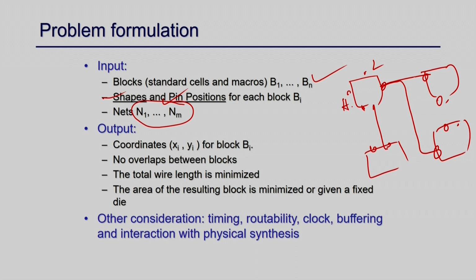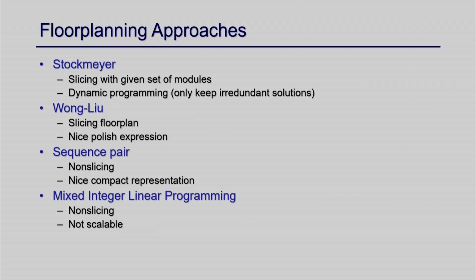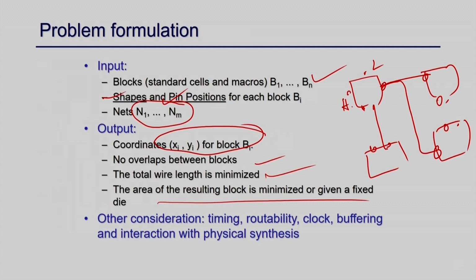Now you try to find the exact position, the coordinate, of each block so that no block overlaps, total wire length is minimized, and the area of the resulting block is also minimized for a given die, right. This is the placement problem, and you can have other objectives like timing, routability, and clock, similarly to floor planning. These can also be your optimization criteria.